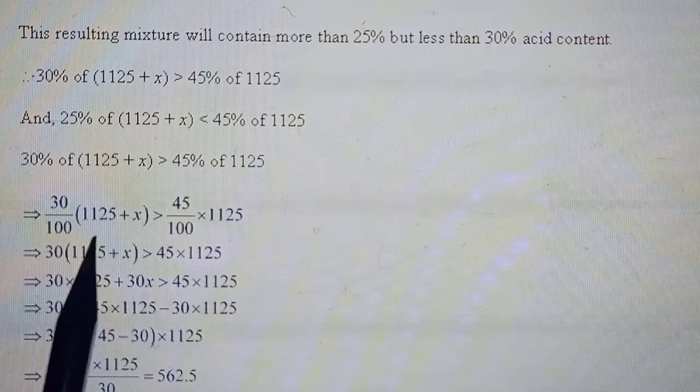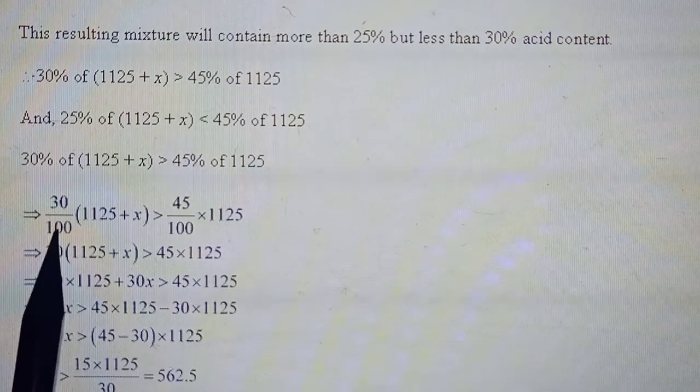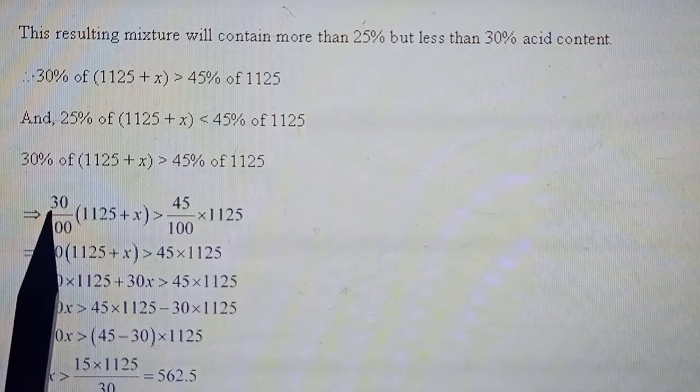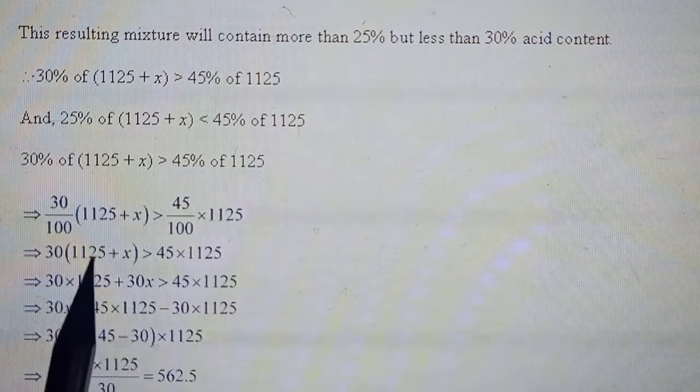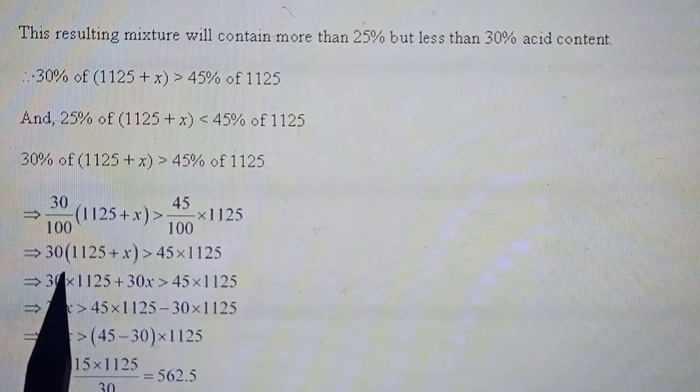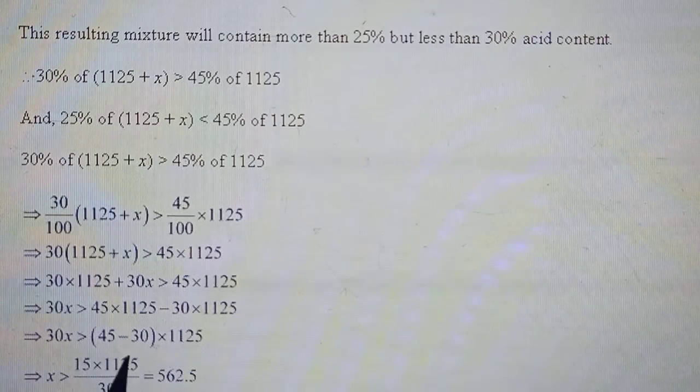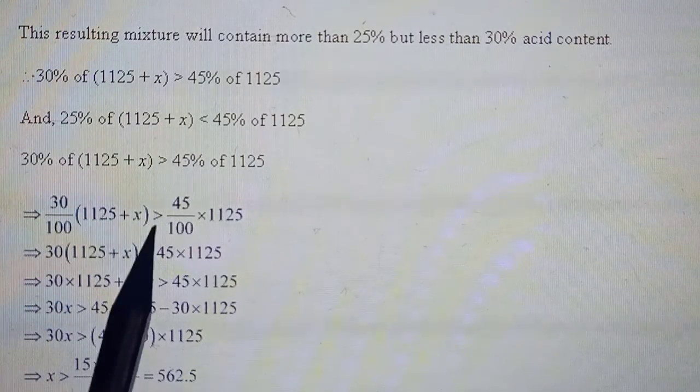Again 100 cancels, and we could also cancel by 5 to make the calculation easy, since 30 and 45 are both divisible by 5. It's up to you how you want to do it, or simply multiply, and then you'll find your limit of x.